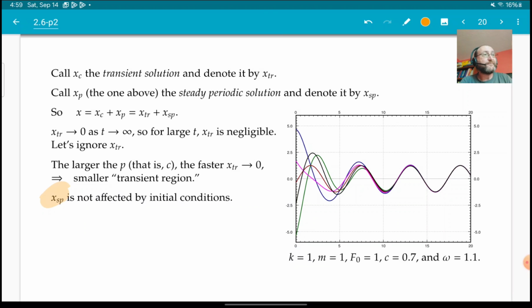It's kind of the equilibrium of the system. After a while, we let it settle and we forget about where it was at the beginning. It doesn't really matter what the initial conditions were, where the mass was at the start. It's just going to look like this.